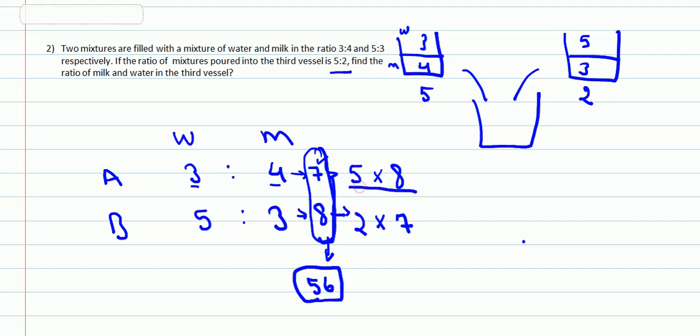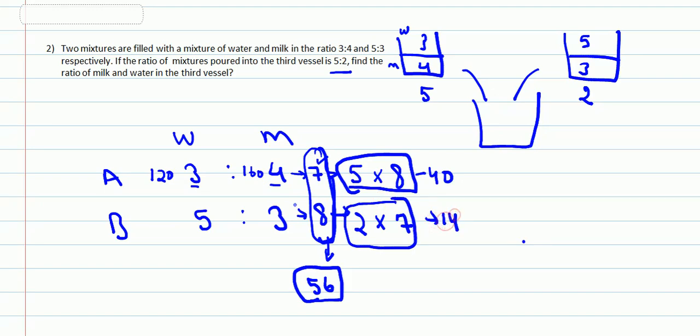So now we are going to multiply this number, that is 5 times 8, 40, with this 4, and it will be 160, and with this 3 again, and it will be 120, and then we'll be multiplying this 14 with this 3, this is 42, and with this 5, that is 70.